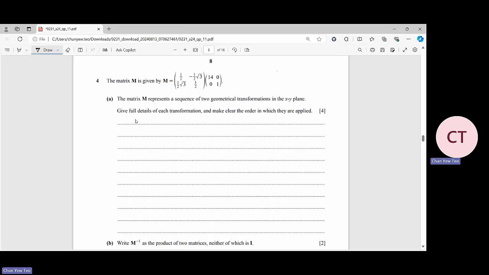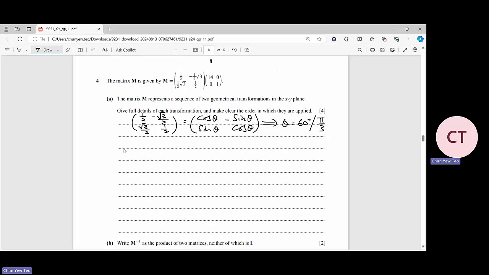Over here, I just write down this one first: it is equal to cos theta, sine theta, negative sine theta, and cos theta. So from here, we know that our theta is actually equal to 60 degrees. You can write 60 degrees, or you can write pi over 3.